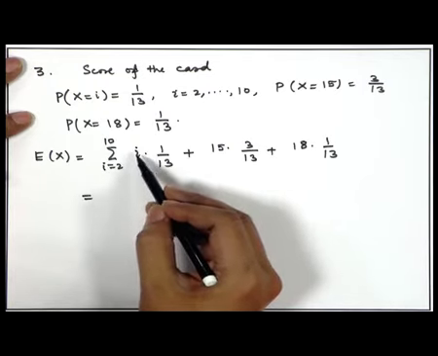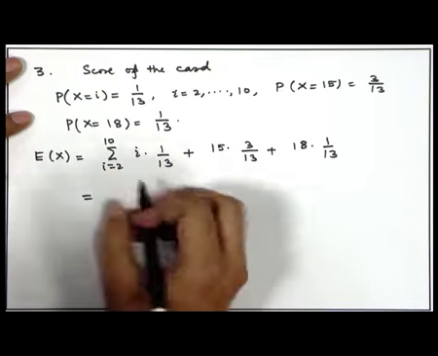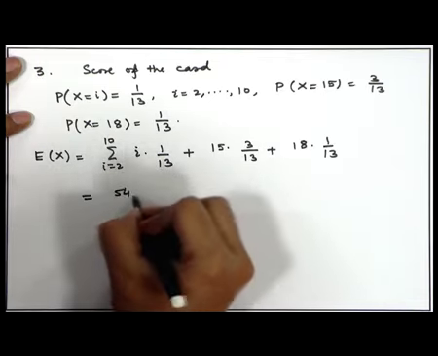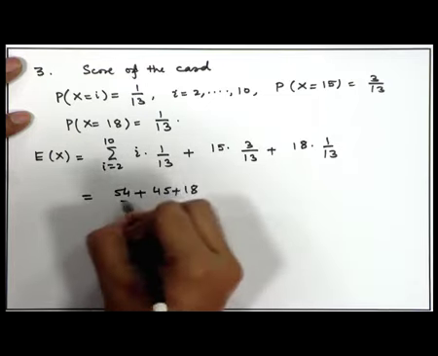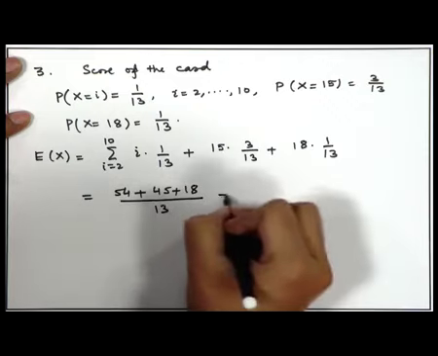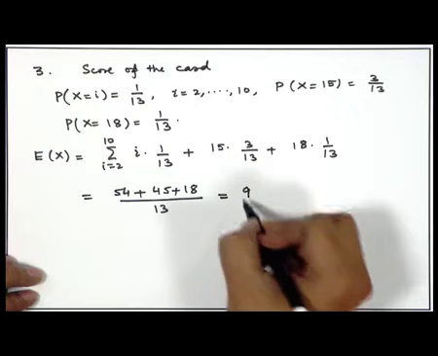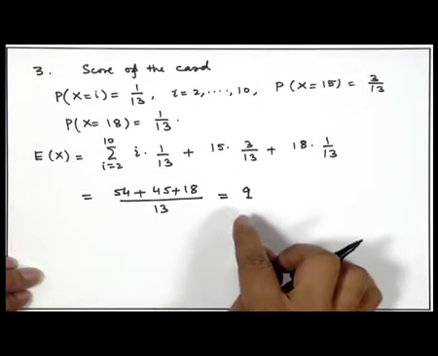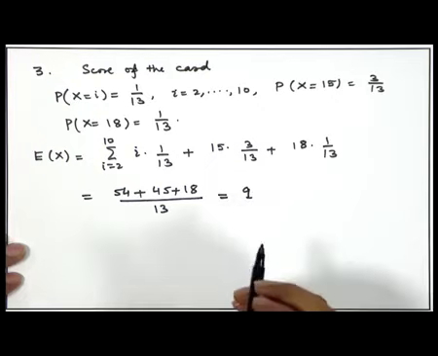So, that is 10 into 11 by 2, that is 55, and the first term is not there. So, it will become 54. So, 54 plus 45 plus 18 by 13, that is equal to 9. Expectation x is equal to 9, that is the expected score of the card is 9.